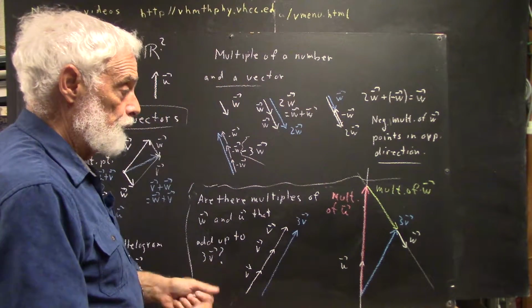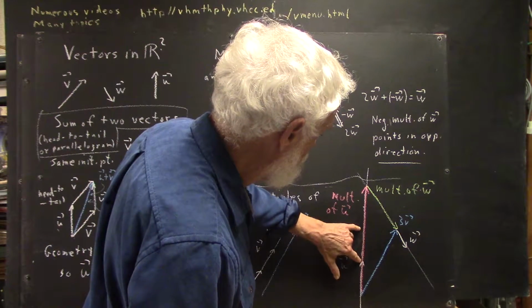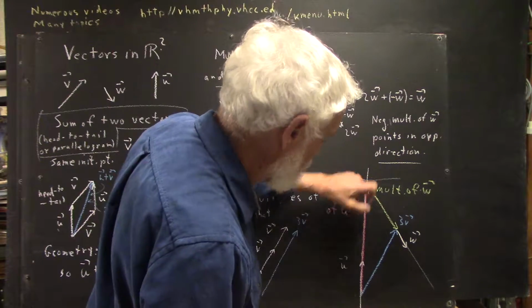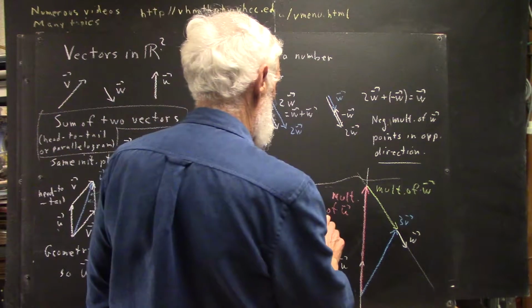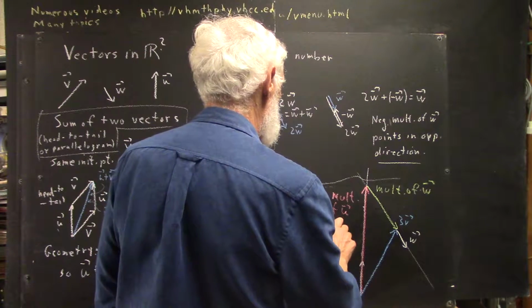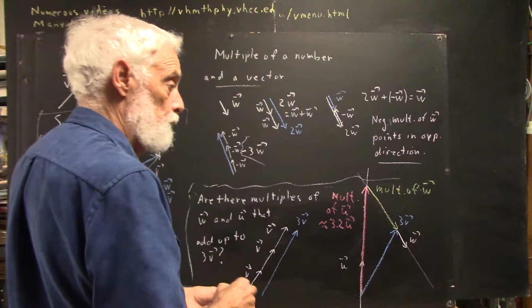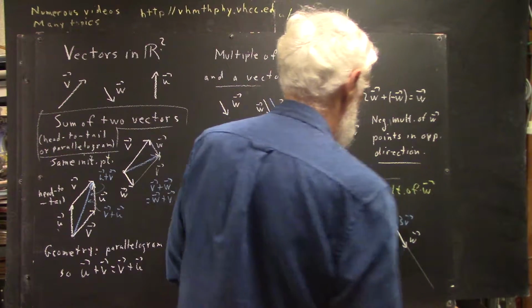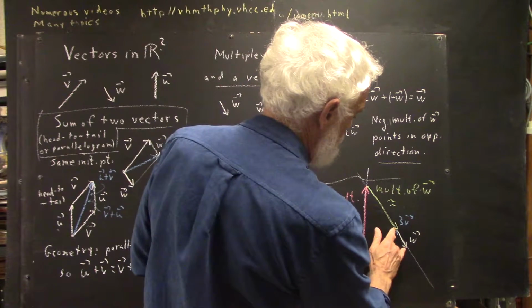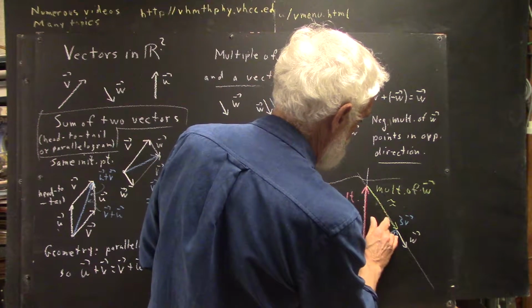Now let's just estimate. Let's see, if this is u, we need what? 1, 2, 3 of those, and just a little more. Let's say that's maybe about 3.2u, and this is maybe about, what? There's the length of w. Let's do that. About 1, 2, less than 3.